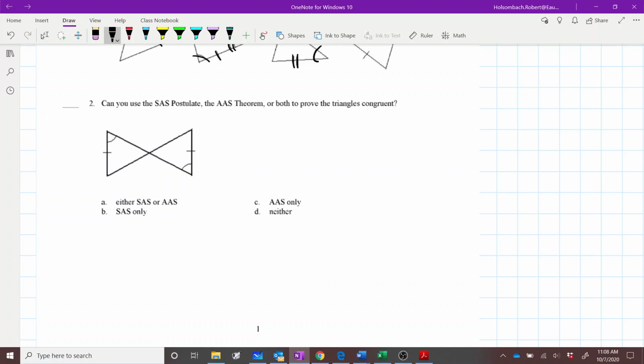In problem number 2, can we use side, angle, side, angle, angle, side, or both to prove the triangles congruent? So in this diagram we have some vertical angles here in the middle of this shape that are congruent to each other.